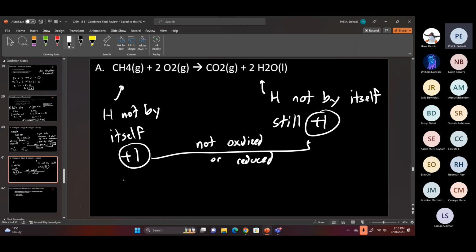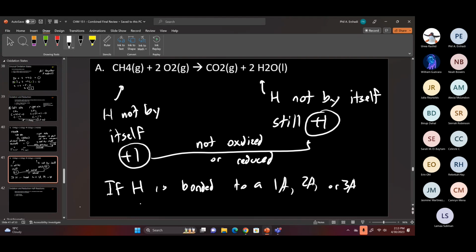Do you understand why that is? Good. Now, if hydrogen is bonded to a 1A, 2A, or 3A metal, it can be -1, but that's rare. For your purposes, unless you're going on to organic chemistry a couple semesters from now, you can safely ignore that.